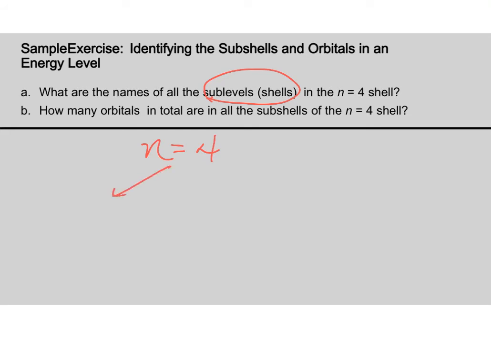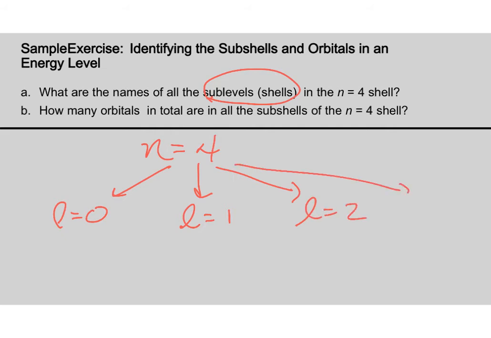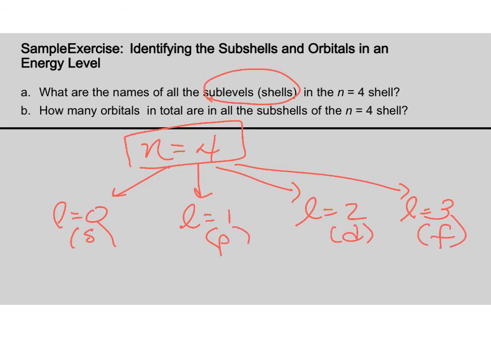We can have l equals 0, l equals 1, l equals 2, and l equals 3. So in the n equals 4 level, we can have s orbitals, p orbitals, d orbitals, and f orbitals. Those are the subshells. So you think of l as subshells or sublevels.